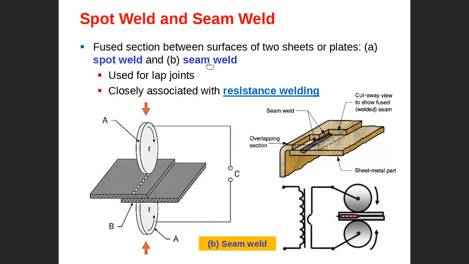So actually this kind of seam welding is multiple spot welding, but connected together. It looks like a line, exactly in the middle between up and down, where the highest resistance area is located. Then you get what we call a seam.